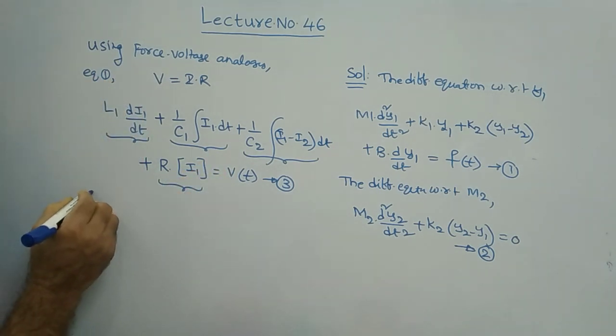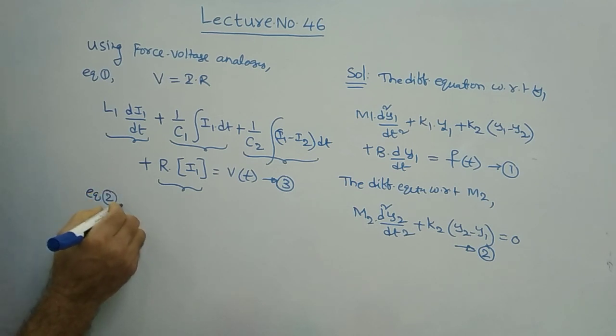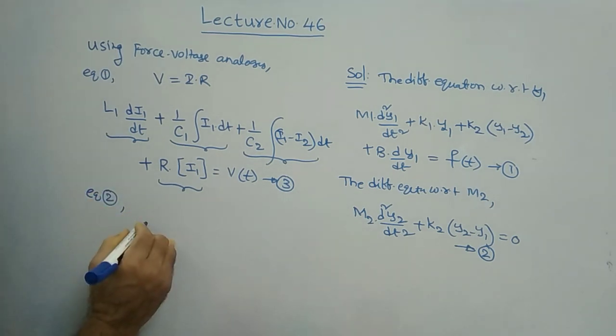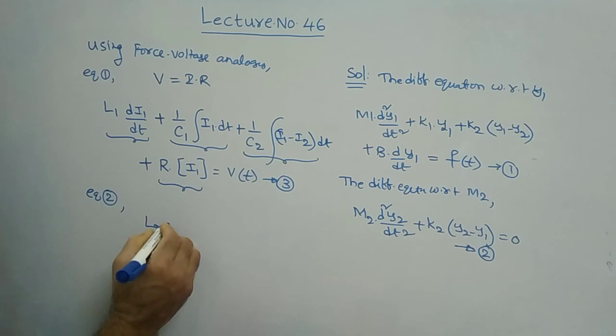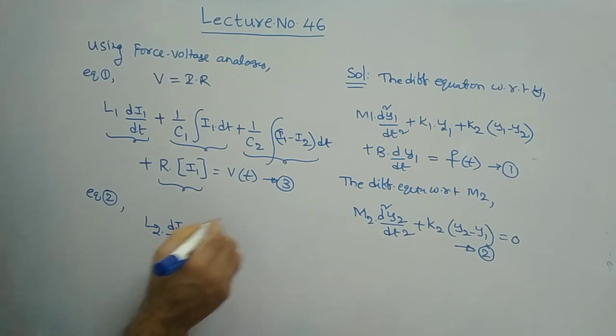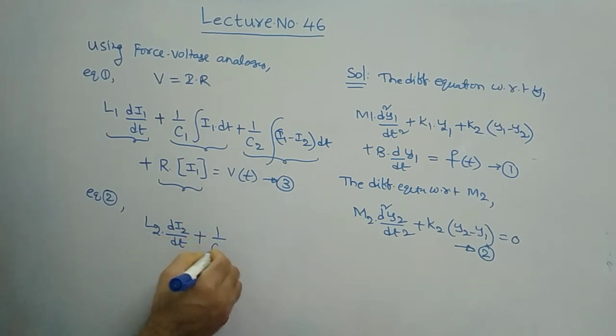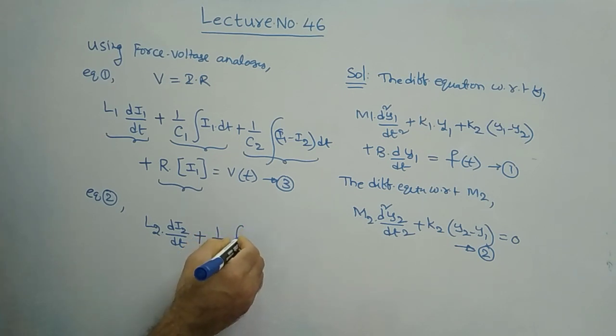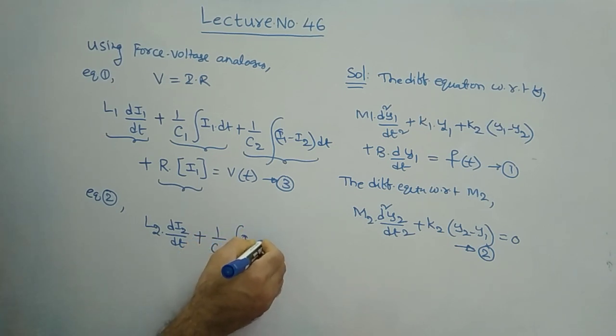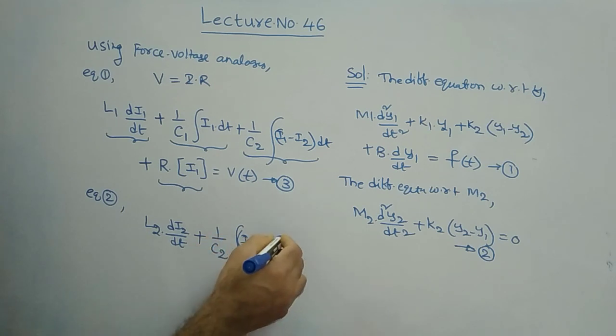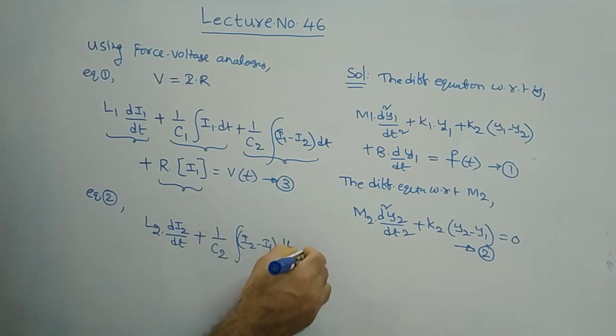Similarly from equation 2, it is L2 di2 by dt, plus K2, nothing but 1 by C2, times the integral of I2 minus I1 into dt. Clear?